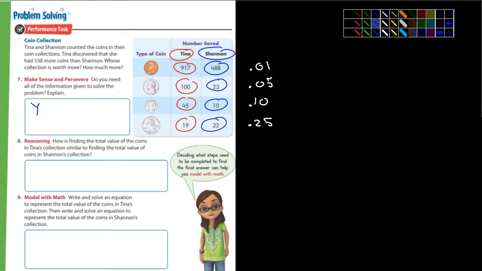The answer is yes. It shows how much each girl has in their collection. Notice the word I put is THEIR, because we're talking about a person's collection.